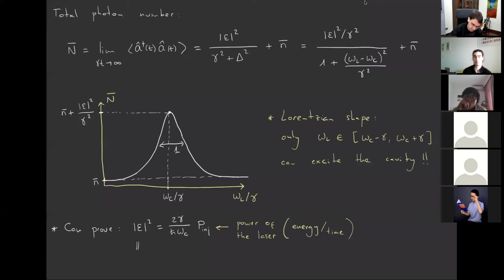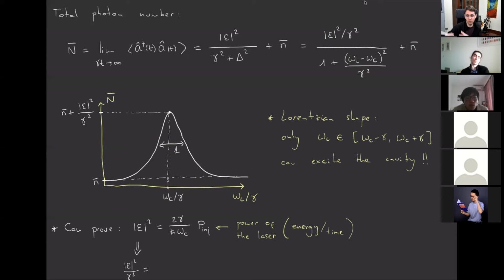So then this implies that the maximum contribution that we have in this peak, so this epsilon squared divided by gamma squared, can be interpreted as the number of excitations, or the number of photons that we have inside the cavity because of the laser drive.